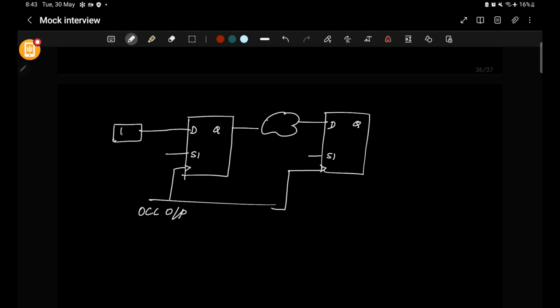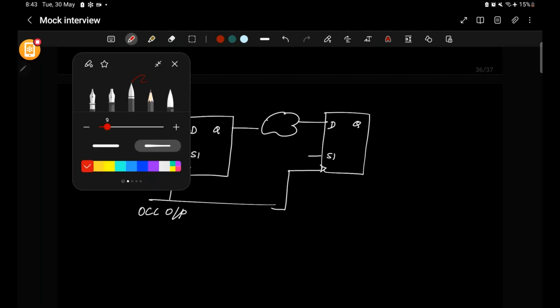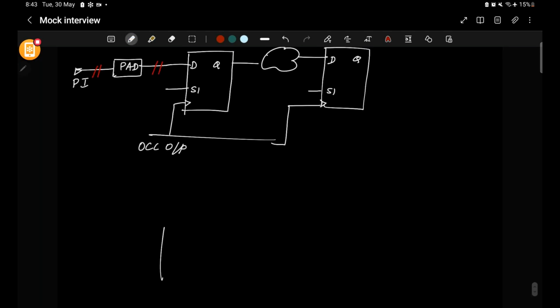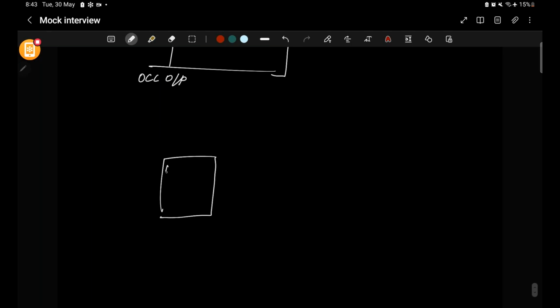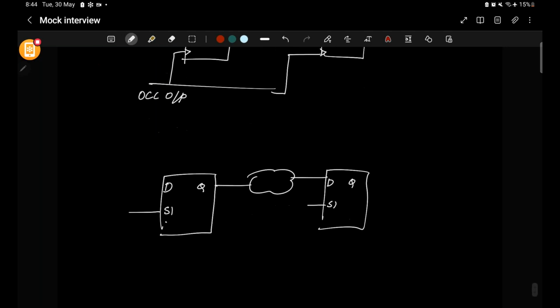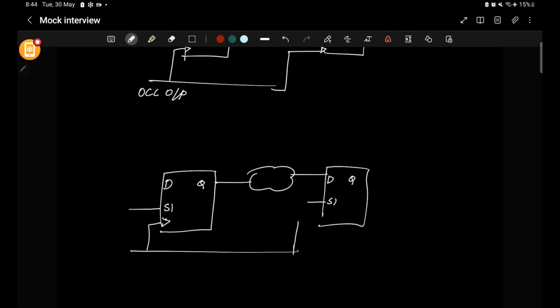Here you have the pad, and this is connected to the primary input. There are D and Q pins, and this is SI, and this is the OCC output.